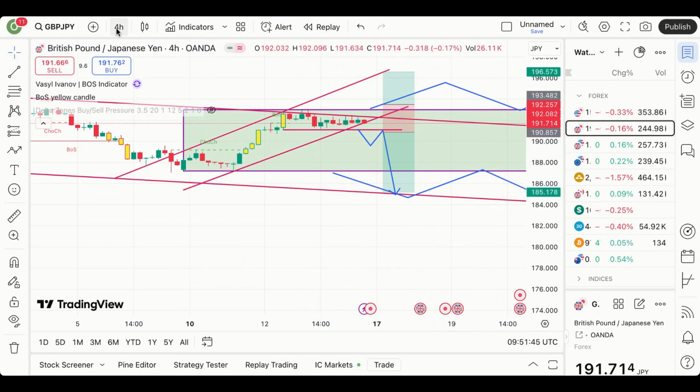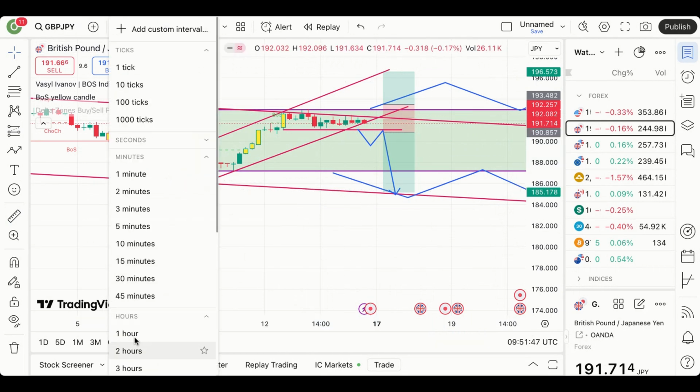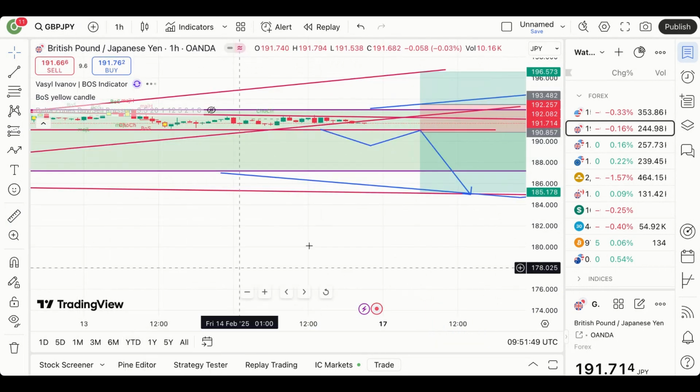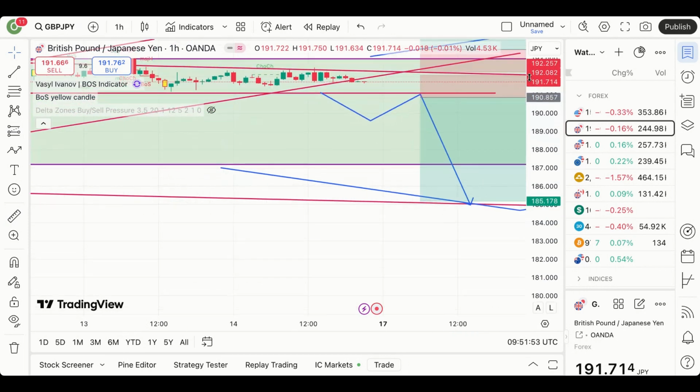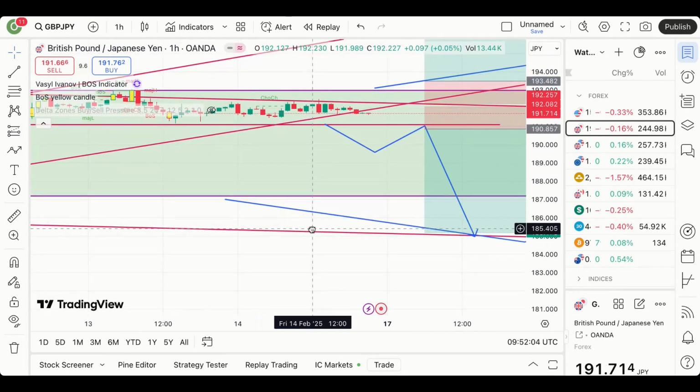Then if we go to 1 hour, because the best time to enter our trade is 1 hour. So the 1 hour candle. And when we look at the 1 hour candle and 4 hour candle, the best bet is to wait for the 4 hours candle to break this line, this trend line.